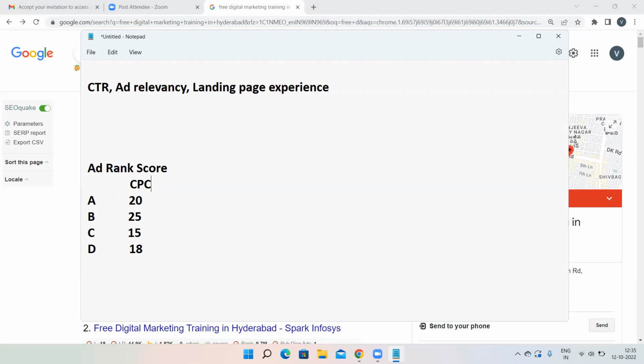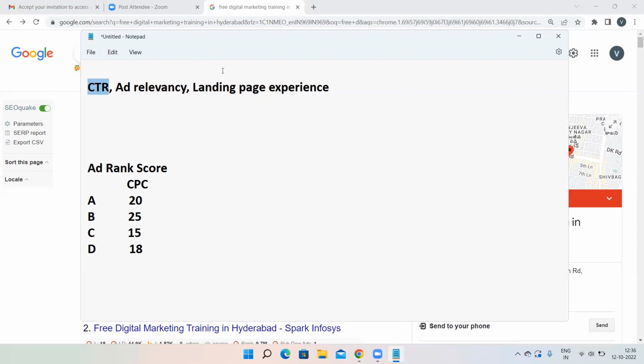Yes, if someone's CPC is really high, then obviously their CTR will also be really high, because there is a high chance that their advertisement will get lots of clicks. And if your clicks are high, your CTR also will be high. Because CTR is one of the important factors, there is a high chance that their quality score will also be high. But don't forget, there is ad relevancy and landing page experience in quality score. 90% of the time, quality score depends on CTR.